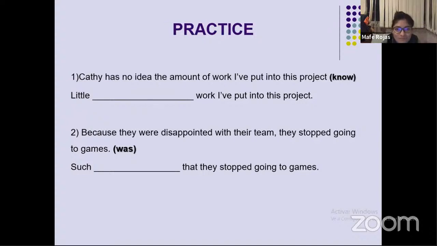Wow. So remember, such was his strength that he was able to break this down, right? Such was her, his, their disappointment. Such was their disappointment.